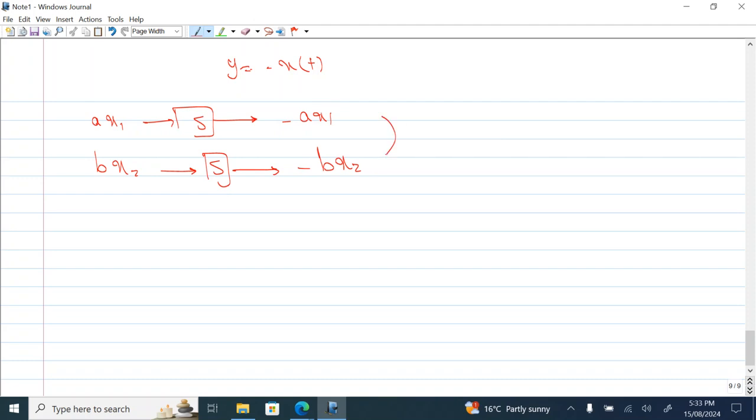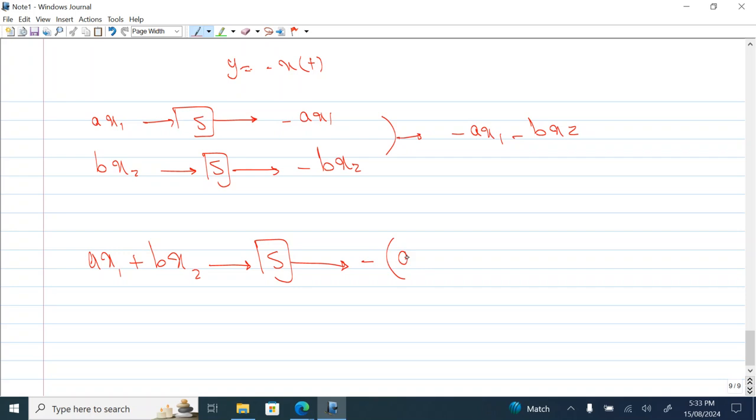And then if you add them, what you will get is minus ax1 minus bx2. Now, if you send ax1 plus bx2 to the system, what you get is minus ax1 plus bx2. So anything you send inside a minus sign is added to it.